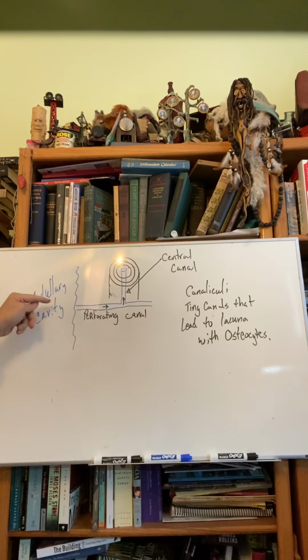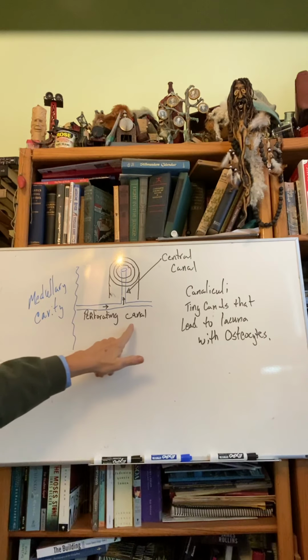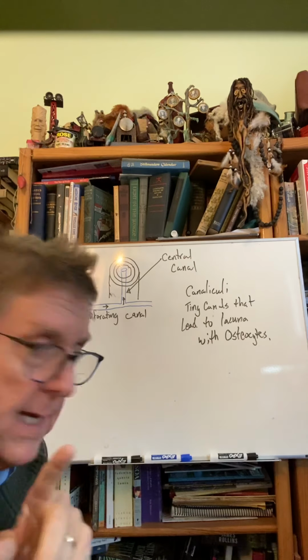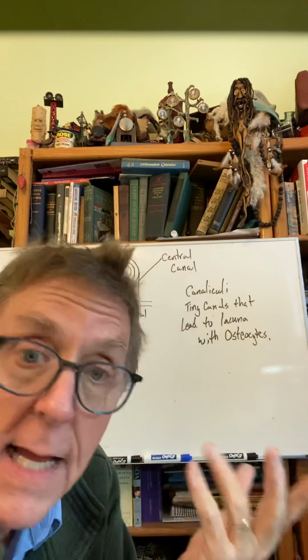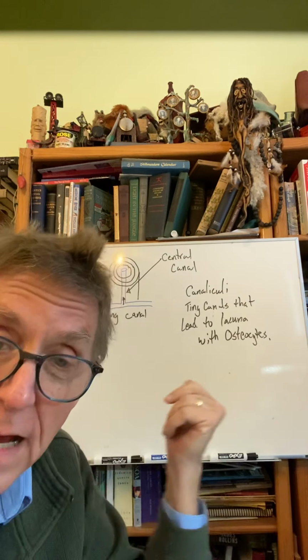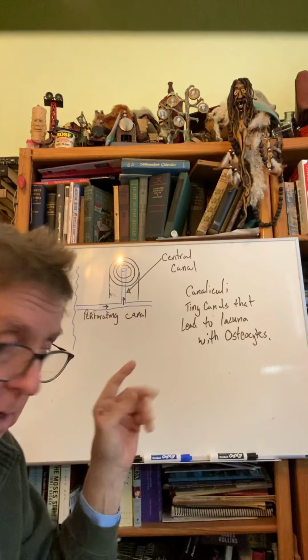So those blood vessels will leave the medullary cavity through what we call a perforating canal. And that goes out and connects to no telling how many osteons, but I've just drawn one osteon up here.